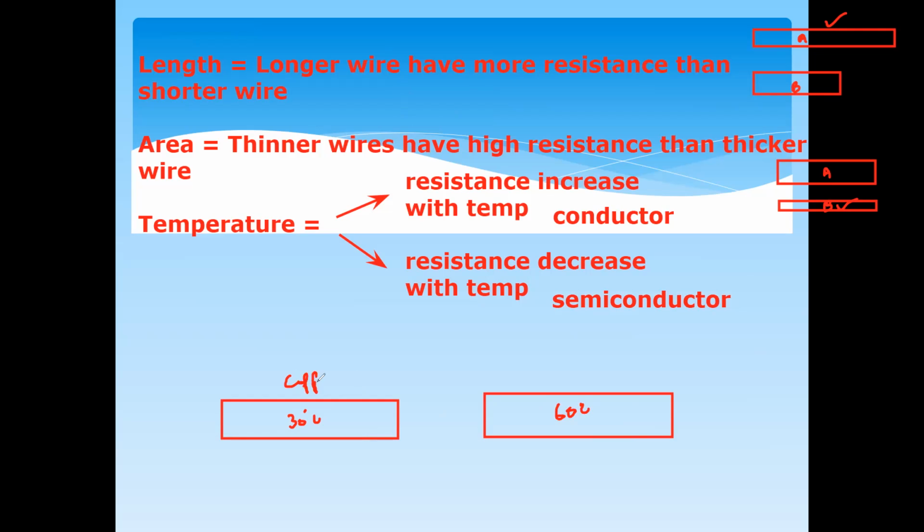Both are made of copper, a conductor. Which wire will have a high resistance, A or B? Yes, that's right. B will have the high resistance because in copper, a conductor, the particles are not able to move easily. That's why the resistance increases.